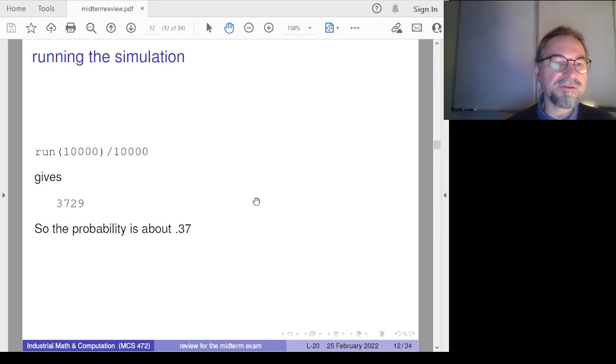So here is the result of the run, and that gives 3,700 and something. If one runs this, sometimes you may see 3,800, sometimes 3,600. So the probability is about 37% that you can finish the race with your 4 tires mounted and your 4 extra spare tires.